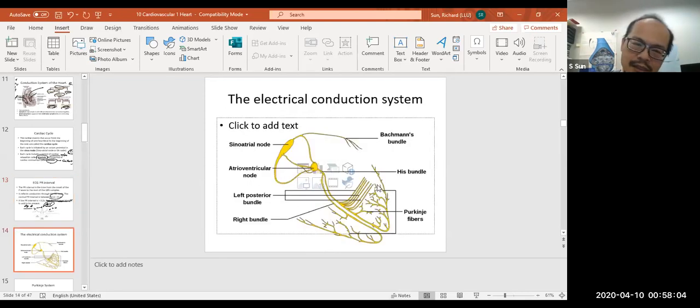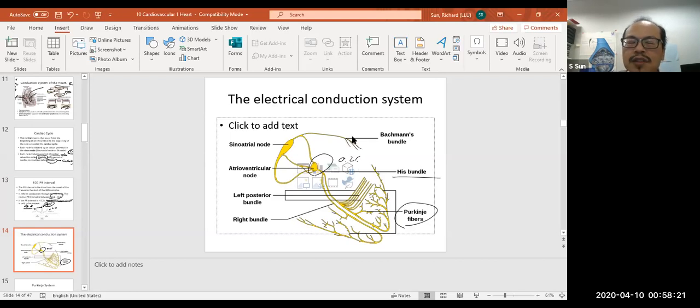So here is again the conduction system from the SA node to the AV node. Here we have a delay of about 0.2 seconds, then to the bundle of His, to the Purkinje fibers, to the left and right ventricle.